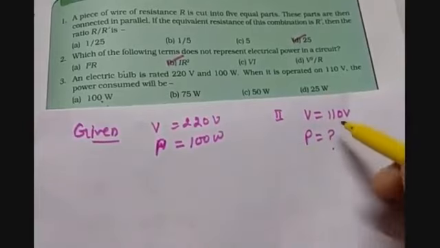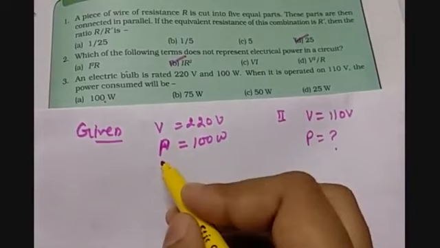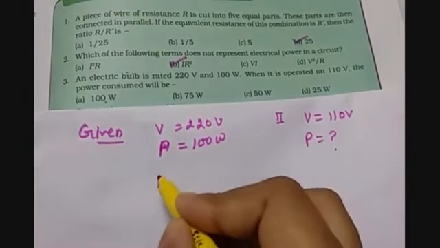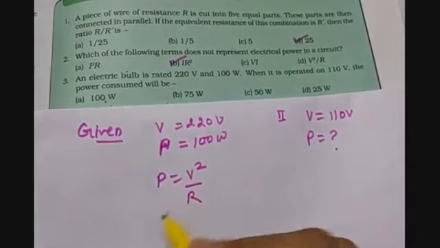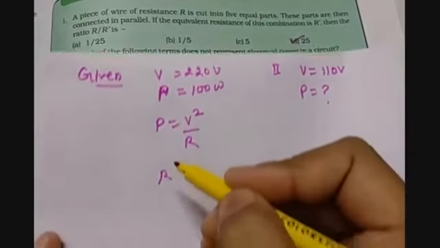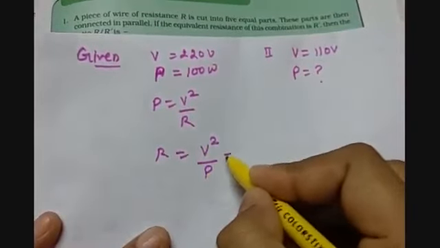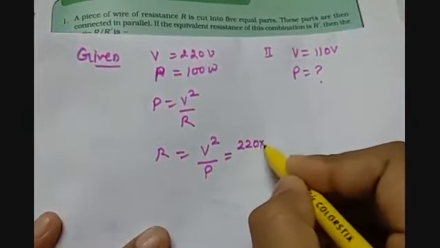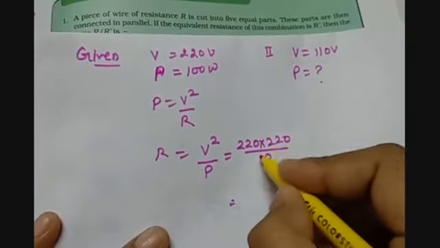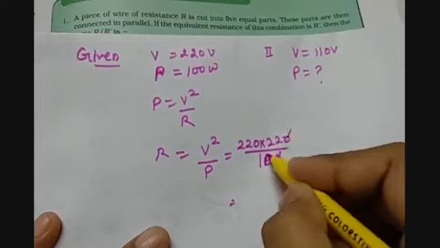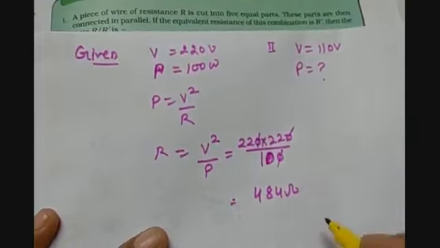For calculating the power, we need either current or resistance. From here we can calculate the resistance as P is equal to V square by R. So R will be V square by P, and P we have 100, and this value comes out to be 484 ohms.